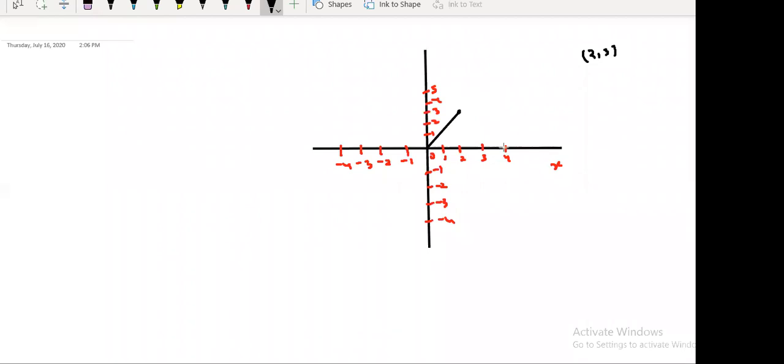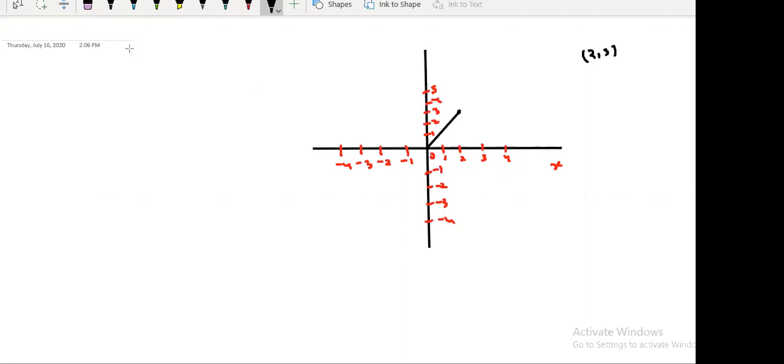Very good. So vector is just a mathematical tool which is used to represent my physical quantity which has both direction and magnitude.